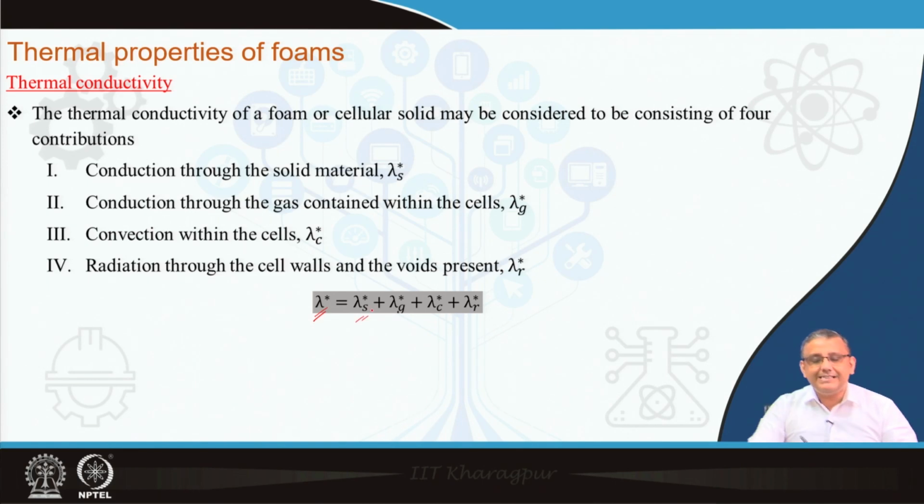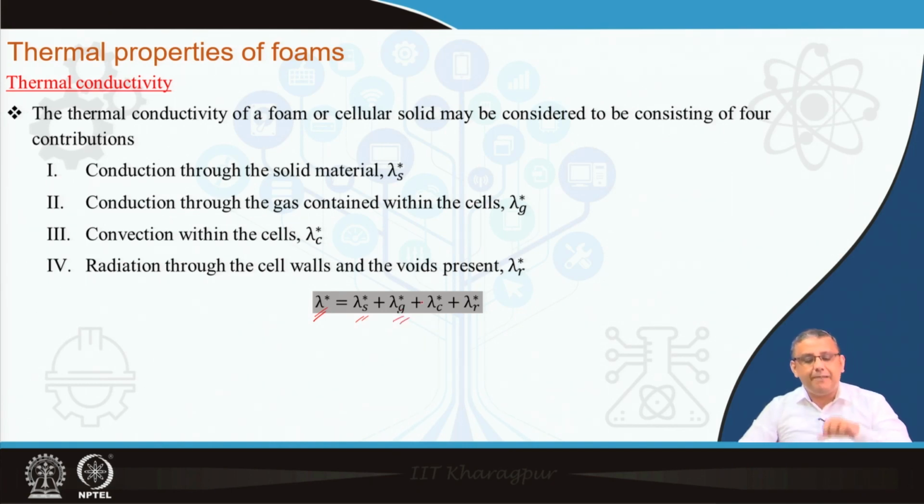Then lambda G star is the contribution of the conductivity of the gas contained within the cells. If it is an open cell foam, all the cell faces are open and it is filled with air, and if it is a closed cell foam, the individual cells are filled with, more commonly, a gas, and this gas will also have a conductivity value. This conductivity of the gas provides the second term, lambda G star.